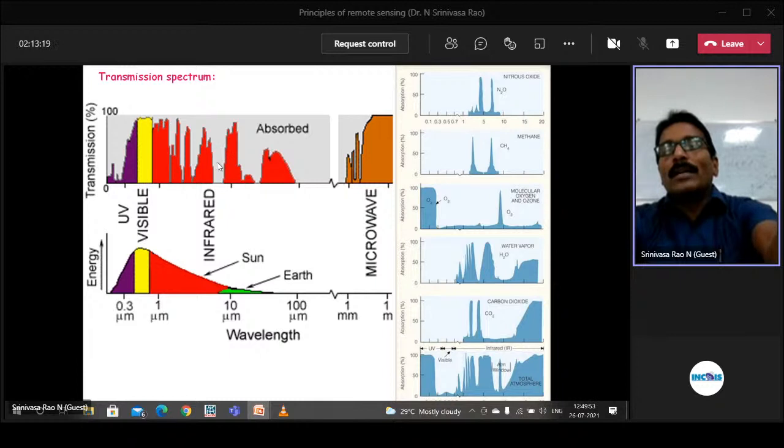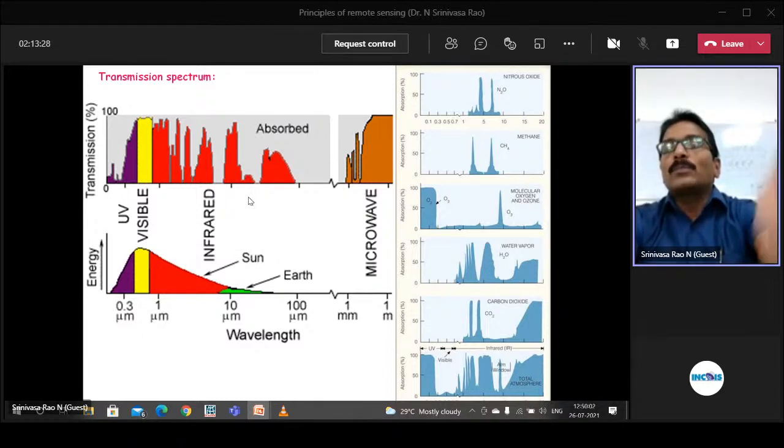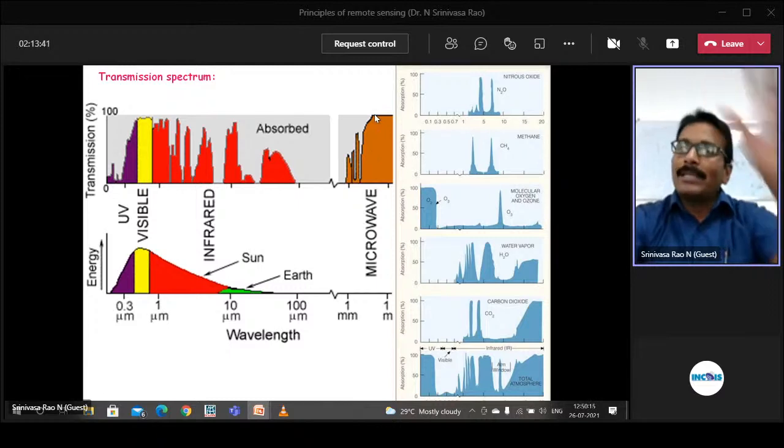At this place, atmospheric absorption takes place. Here in the thermal region, at this portion, absorption takes place, meaning there is no transmission at all. Here only 50% in between. But in this portion, atmospheric absorption takes place completely. But if you come to the microwave, 100% goes up to the sensor.